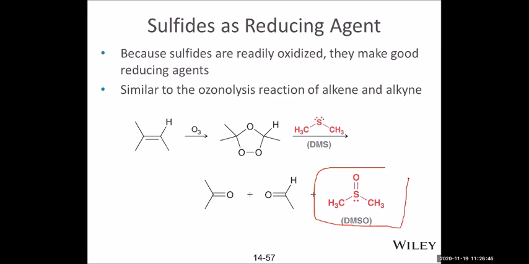DMSO, by the way, is a protic solvent we use in the SN2 reaction, just like DMF and acetone. Those are the polar aprotic solvents. Okay, so that'll be all for this chapter. We used a little bit of extra time for the discussion.